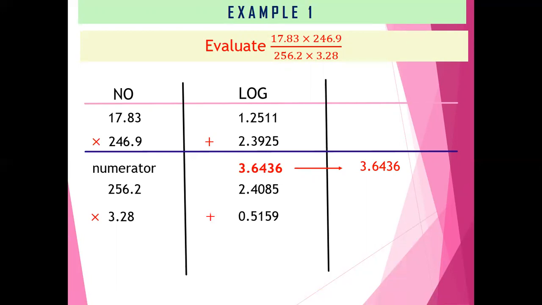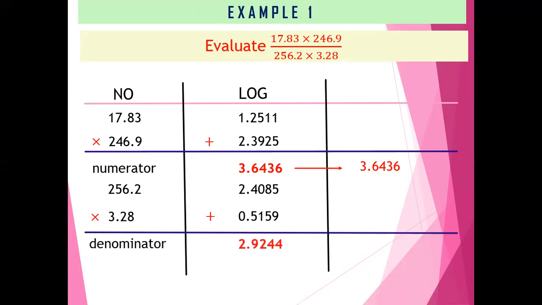By the time we add, remember that it's multiplication, so we add. By the time we add this together, we should have our denominator as 2.9244. So we take that denominator also to the third column. Okay, so we have the numerator and denominator now, and they are to be divided. So we bring down the value that we got for the numerator, from here to here.